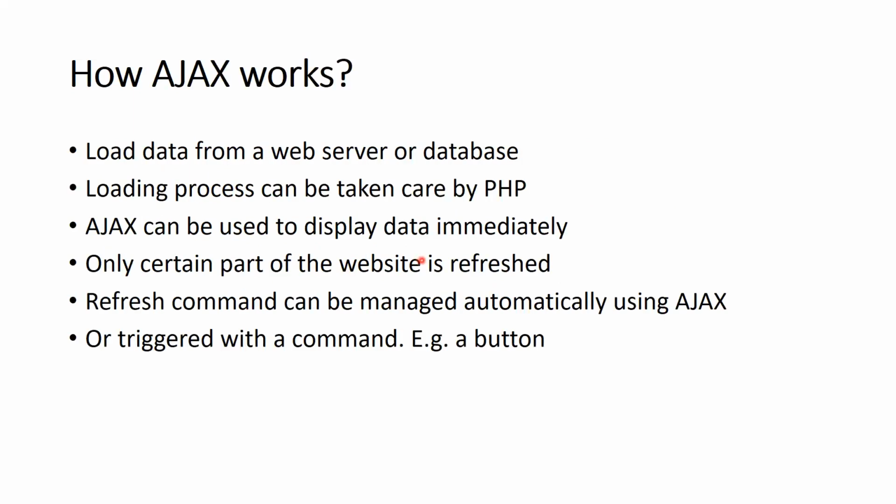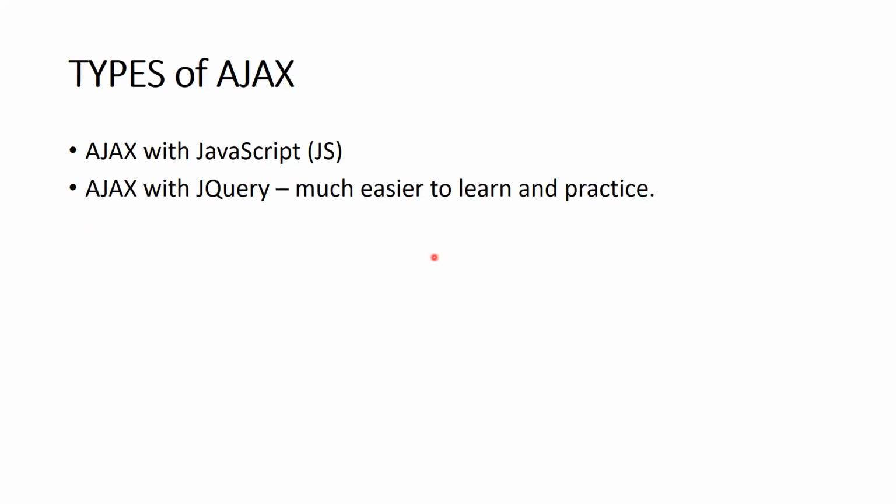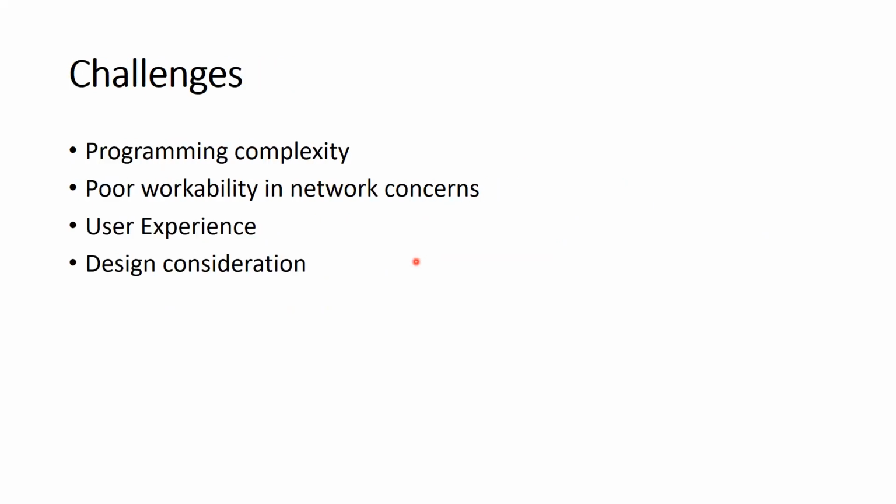How AJAX works is that it pulls up data from the databases and displays it on the web pages, and it's done by automatic refreshing of that particular set of the web page. Moreover, we do know that there are two types of AJAX, AJAX with JavaScript and AJAX with jQuery.